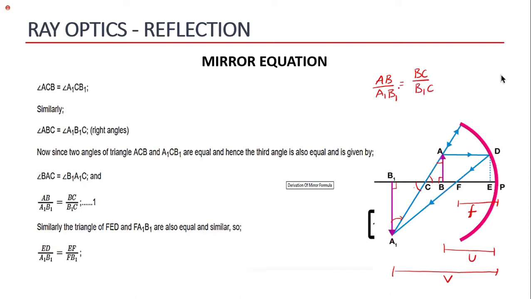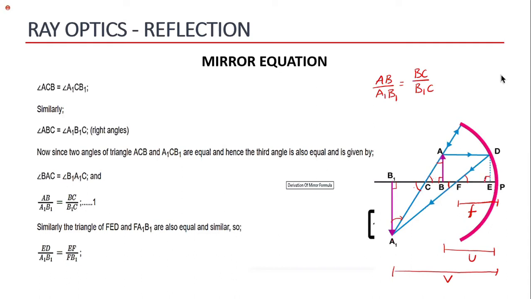Now you may ask me, sir, why are you taking these two triangles? Because this is the object and this is the image, so I'm trying to get the relation between the distances of the object and image. Now I need the distance of the focal point. For that, I'm going to take my triangle FDE and my triangle FA1B1. If this angle is theta, this angle will also be theta.